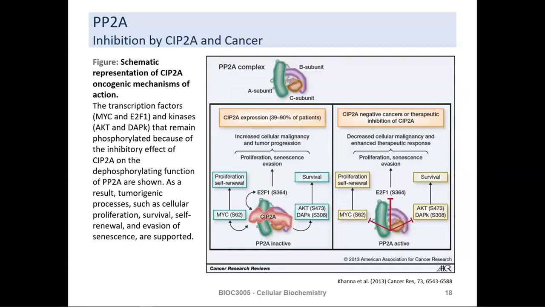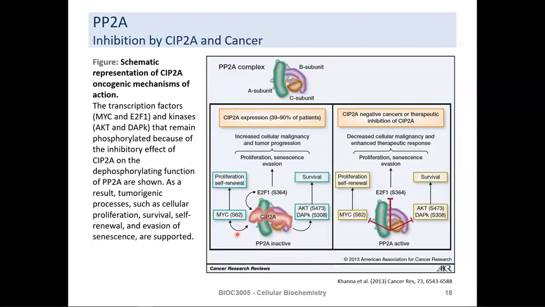If we have a look at this schematic showing the involvement of both the inhibitor, CIP2A, of our phosphatase PP2A, and also the transcription factors E2F1 and MYC, and also the kinases protein kinase B or AKT and DAPK, we can see that in cancer, the transcription factors and kinases remain phosphorylated.